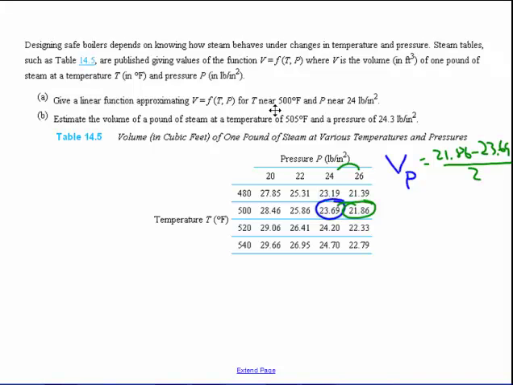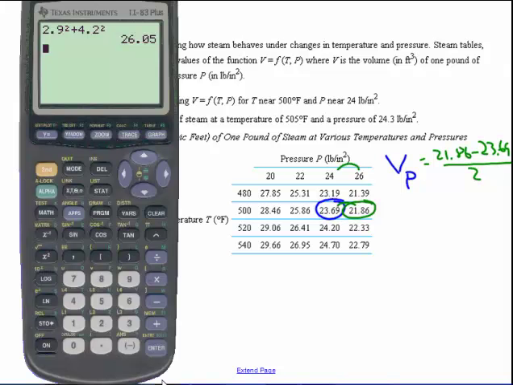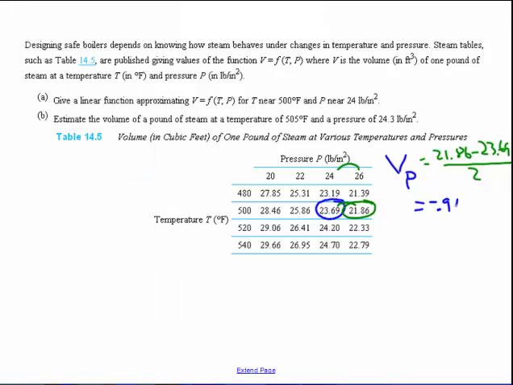If we get what that equals here, that partial derivative estimation is negative 0.915. And that's saying that as pressure increases, the volume is decreasing under the same temperature.